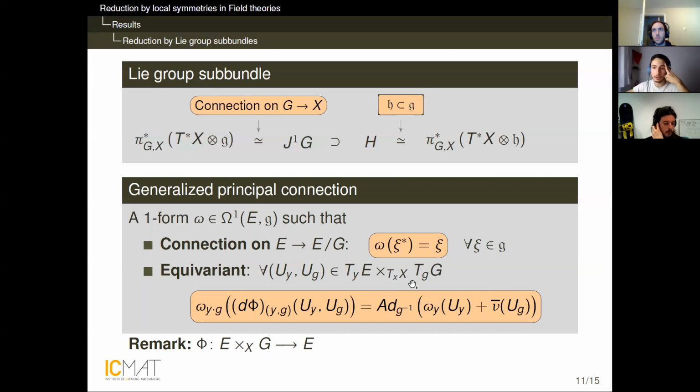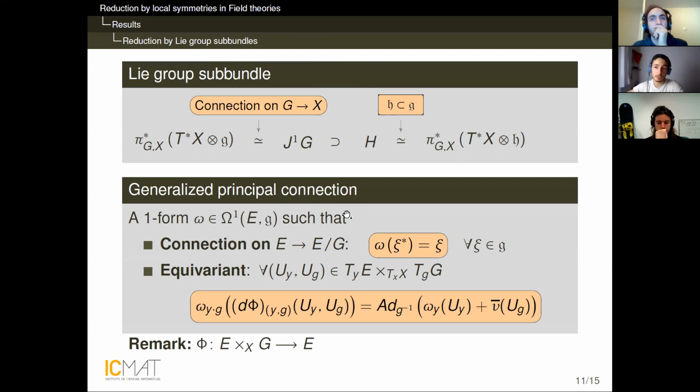We have the bundle of Lie groups. This second term depends on nu. Nu here is the connection we have fixed before on the Lie group bundle. So, as opposed to usual principal connections, generalized principal connections are always associated to a connection on the Lie group bundle.